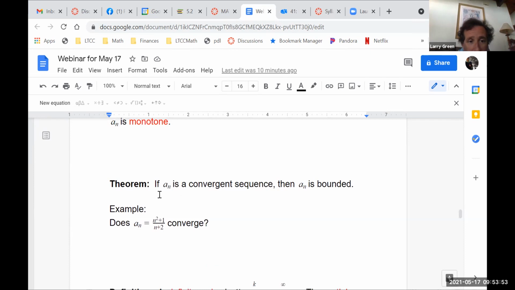So if an is a convergent sequence, then an is bounded. And I want to let you know that doesn't mean that if an is bounded, then an is convergent. This is not how you prove a sequence is convergent. This is how you prove a sequence is divergent.